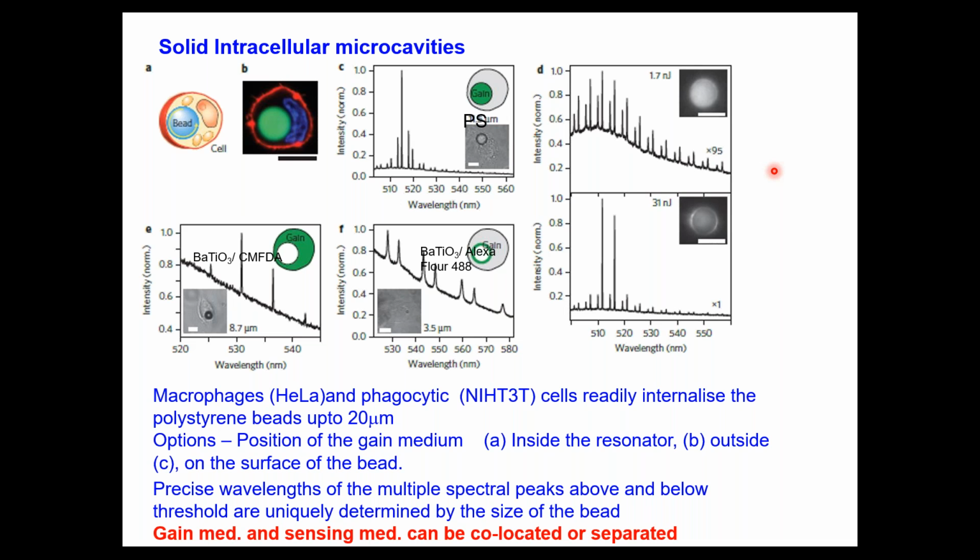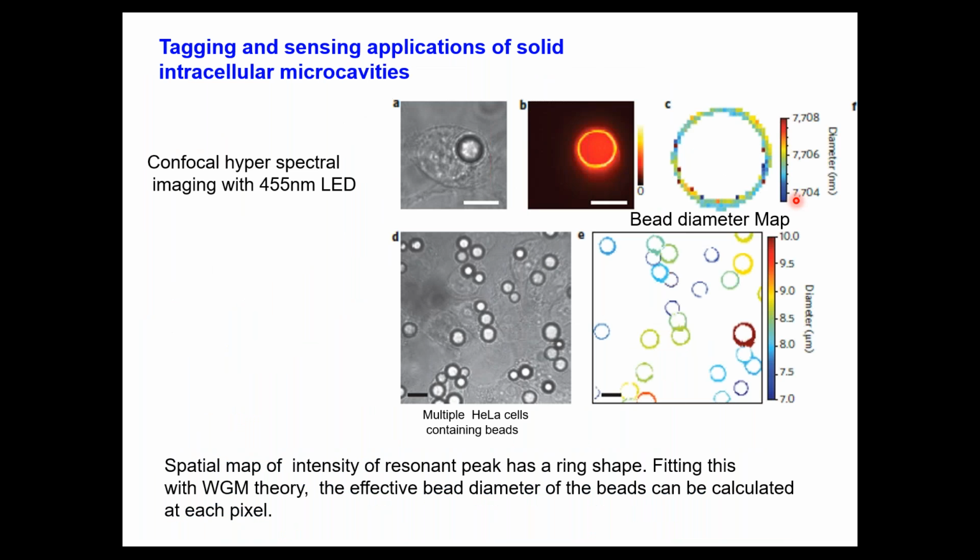So it can be distinguished in terms of color or in terms of the size, because the size is going to determine the frequencies that are given out. This is such an experiment which makes use of doped beads inside the cell, but the only difference is that you have multiple cells. Each of the cells can internalize multiple spheres, but different cells are internalizing beads of different size and different color.